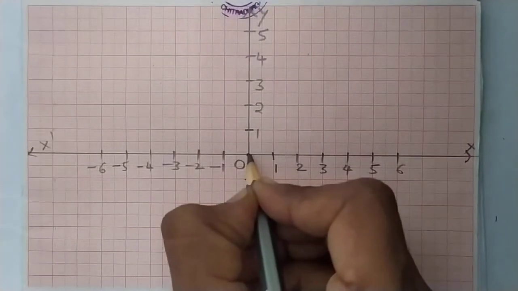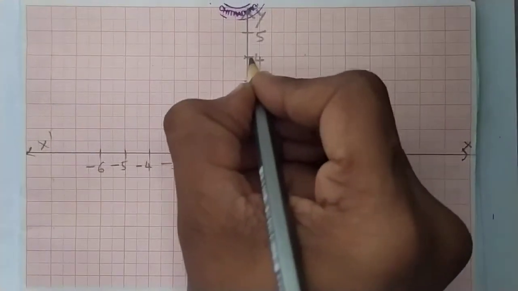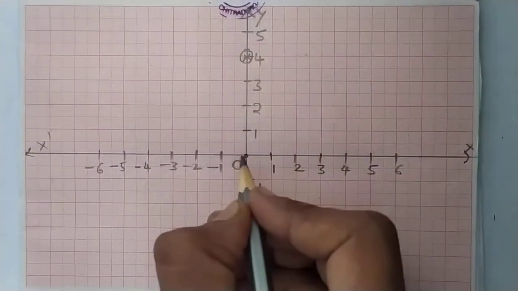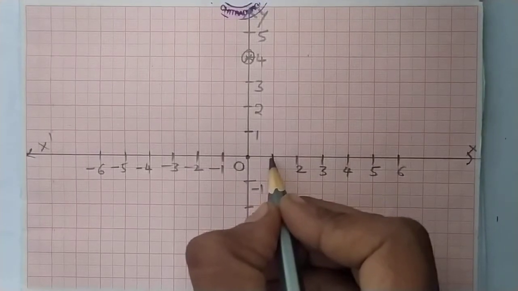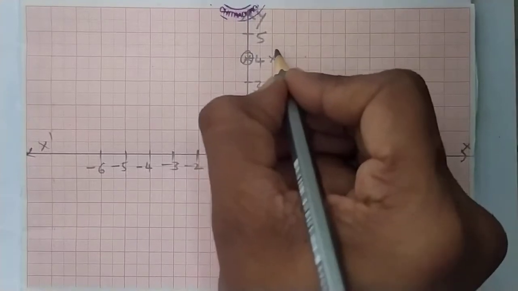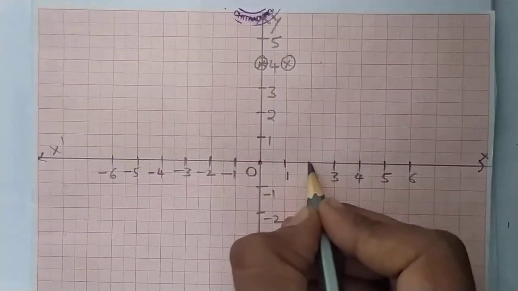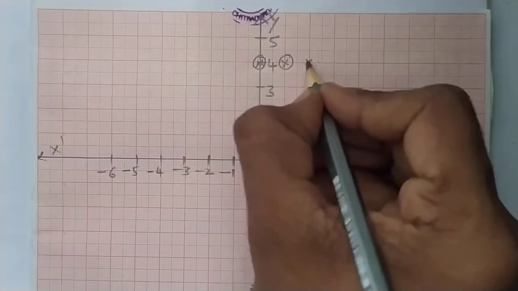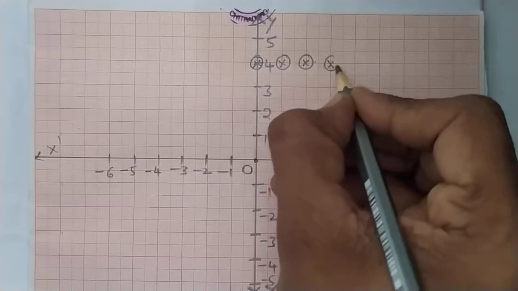Just observe the table. Suppose x equals 0, f of x is 4. If x equals 1, then f of x is also 4. If x equals 2, then f of x equals 4. If x equals 3, f of x is also 4.